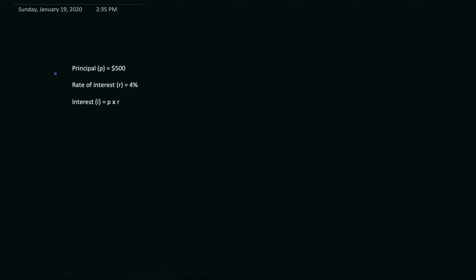Let's say we have a principal, which can also be denoted as P, of $500, and let's say the rate of interest, which is R, is 4%, and we have to calculate what the simple interest, which is also denoted as I, is for a principal of 500 with a rate of interest of 4% in a year.